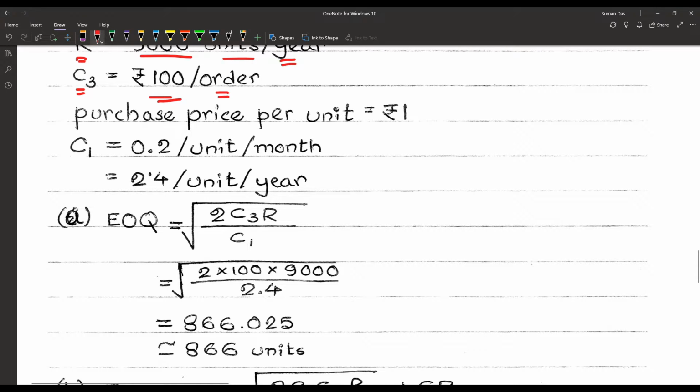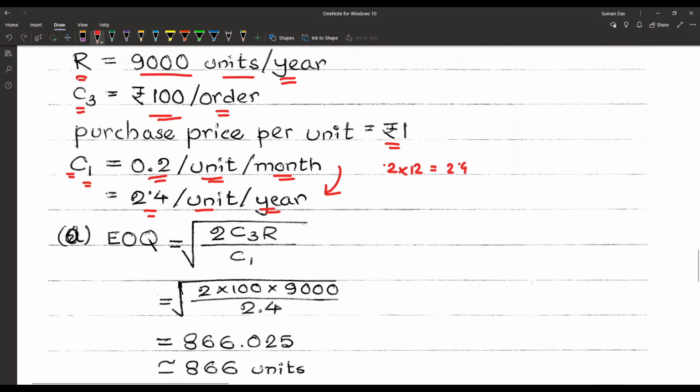The purchase price per unit is rupees 1, so C1 is equal to 20% of rupees 1, that means 0.2 per unit per month. If we transform it into a year, there are 12 months, so 0.2 into 12 is equal to 2.4 per unit per year. So C1 is equal to 2.4 per unit per year.